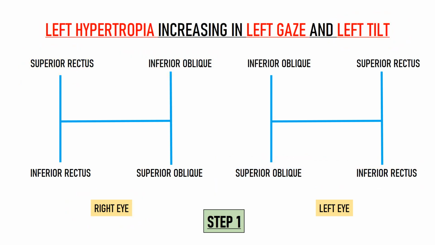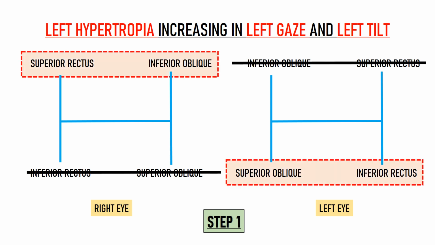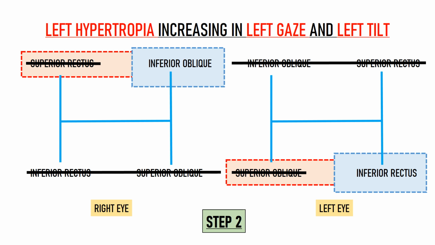Let's take another example. Left hypertropia increasing on left gaze and left tilt. So step 1, left hypertropia, so the depressors of left eye are not working or the elevators of right eye are not working. Step 2, increasing on left gaze. Muscles acting in left gaze would be the muscles written on the left side of this diagram. So left inferior rectus and right inferior oblique.